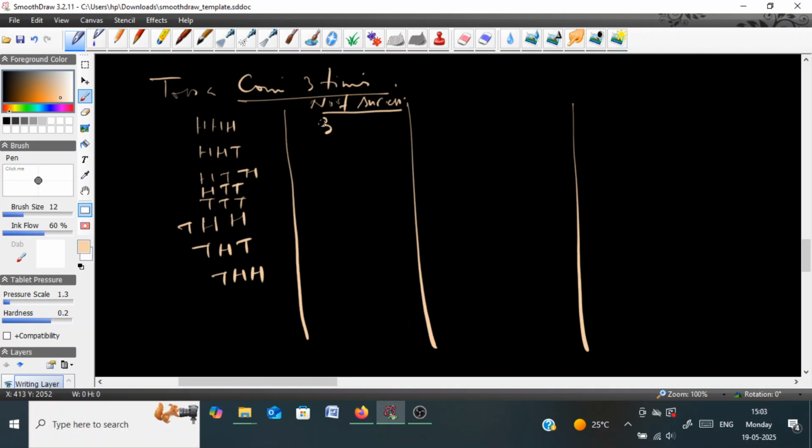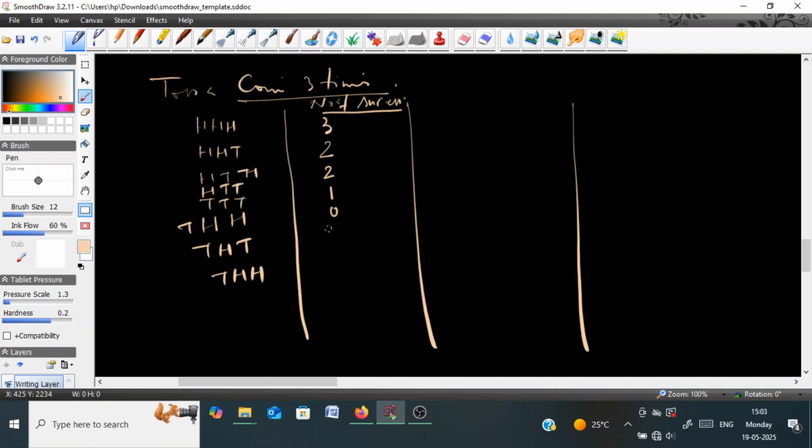So if you get all 3 heads, number of success is 3. In this case, number of success is 2. Then number of successes here is also head, tail, head, here 2. Then we have 1. Then we have 0, all the 3 tails.